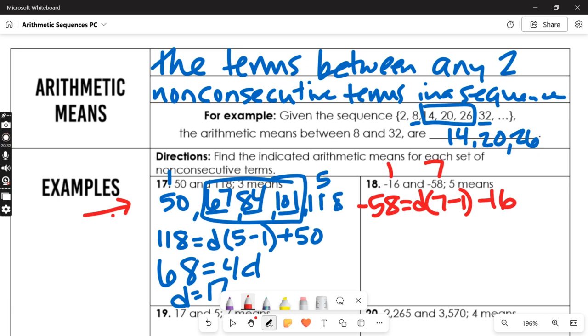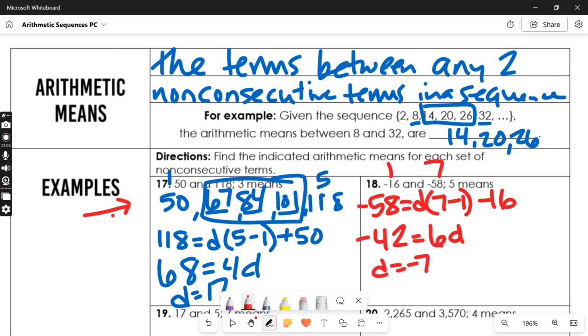I'm going to add that 16 over, so negative 58 plus 16, which is negative 42. This is 6d. So that means, why did I write 48? I said 42. And then I'm going to divide both sides by 6, so I get that d equals negative 7.